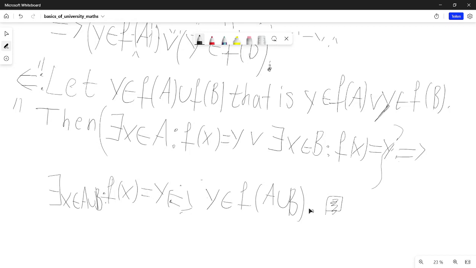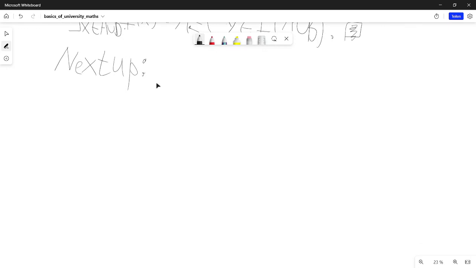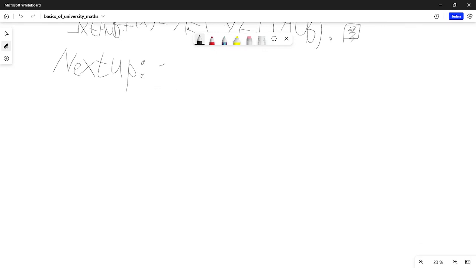And next time we should look at other properties of image and pre-image. In particular, I already forget it. I should write it down. Next up. Yeah, and I should start a new board, of course. And I wanted to keep that topic in one place, but okay.